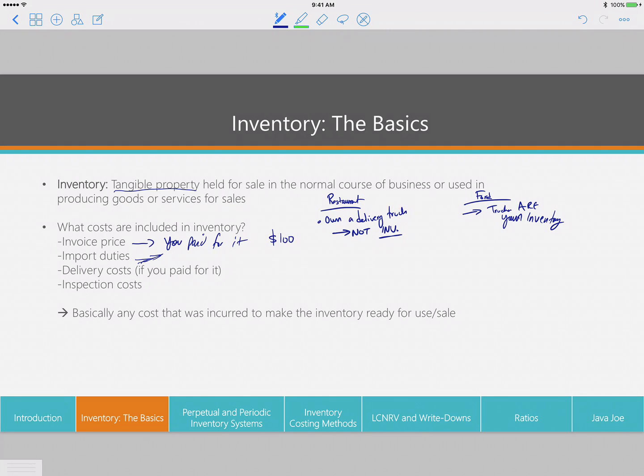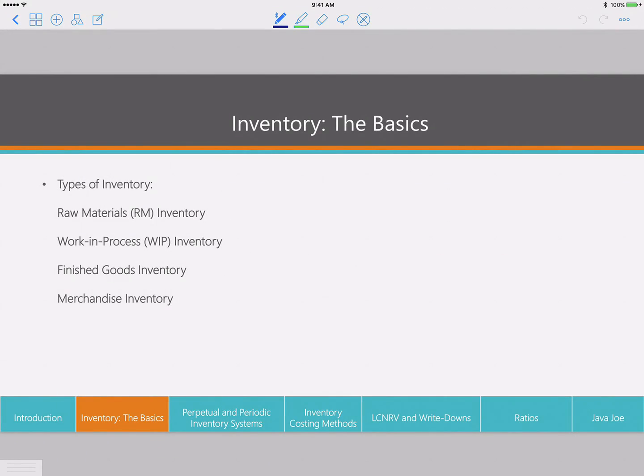If you paid delivery costs, you would add that to the cost of inventory, as well as any inspection costs. So it's basically any cost incurred to make the asset ready for use. This is common for any type of asset in general. It's anything to make the inventory ready for use or for sale, and that will be added to the cost.